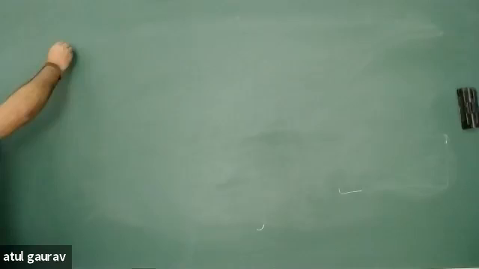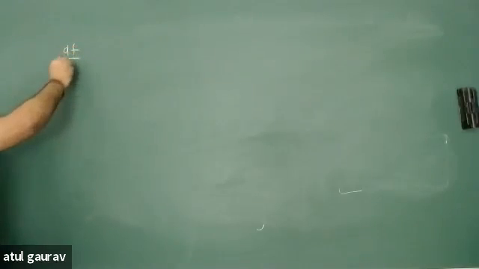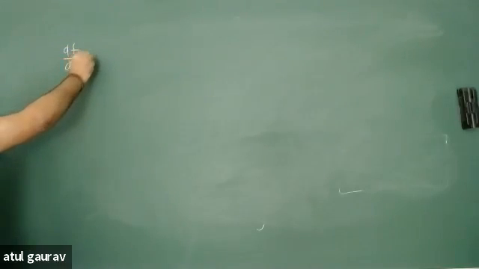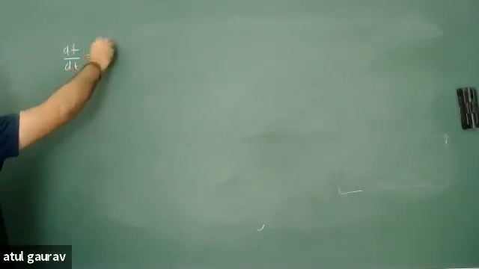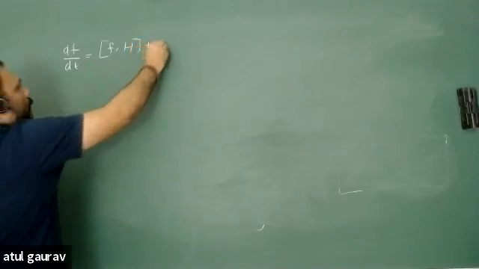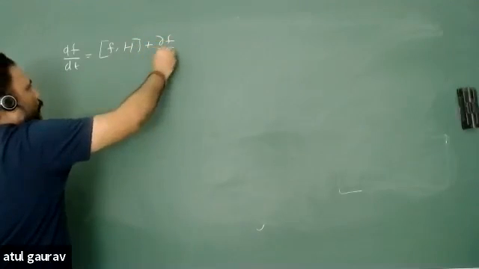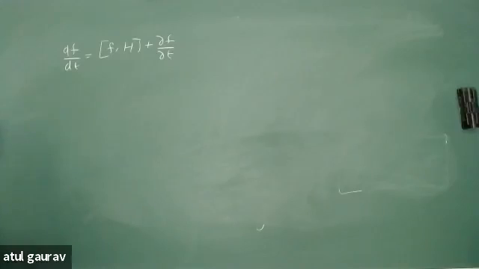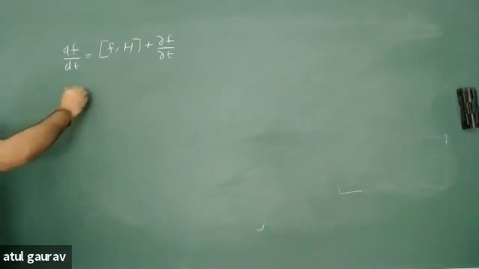What we have is df upon dt is equal to {f, H} plus del f upon del t. This f may or may not be a constant of motion. When it is a constant of motion, f will act as a constant of motion.